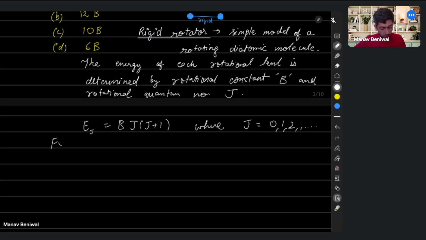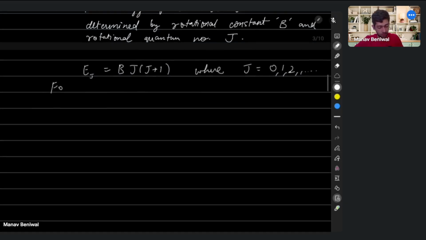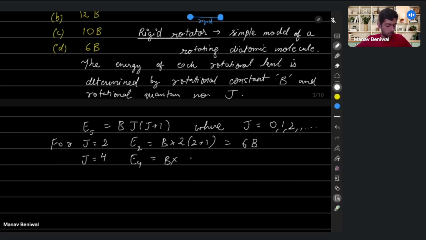Now we are given two J's, and we are asked the energy difference for 2 and 4. For J is equals to 2, we will get E2 as B times 2 into 2 plus 1. So this will be 3, 6. So this will be 6B. For J is equals to 4, E4 will be B times 4 into 4 plus 1. So this will be 5 times 4 is 20, and 20B.